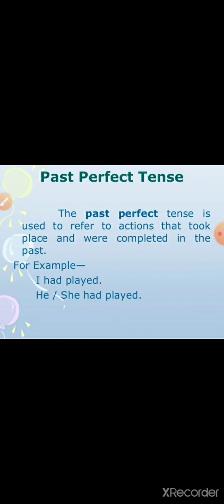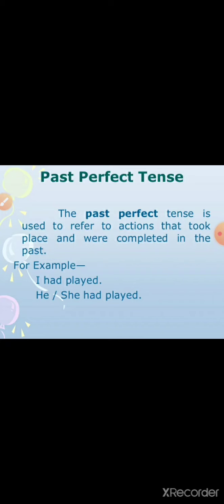The rule is subject plus had plus third form of verb plus rest of the sentence. Had will go with all the subjects, be it a singular subject or a plural subject, be it I, we, you, he, she, or any other name, it will take had with it. Subject plus had plus third form of verb.